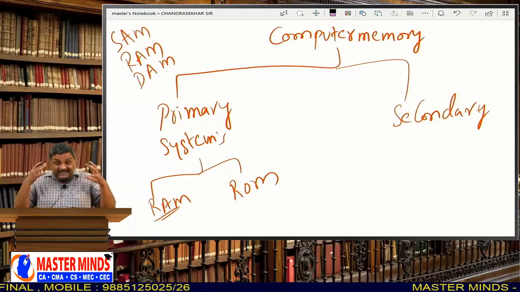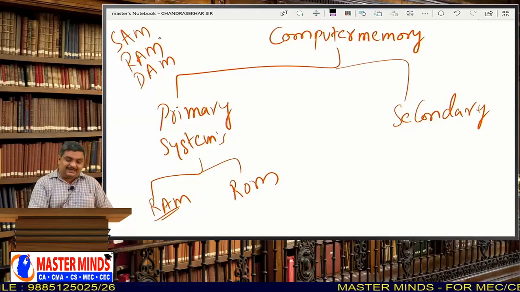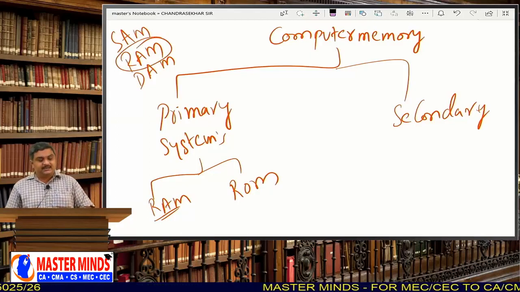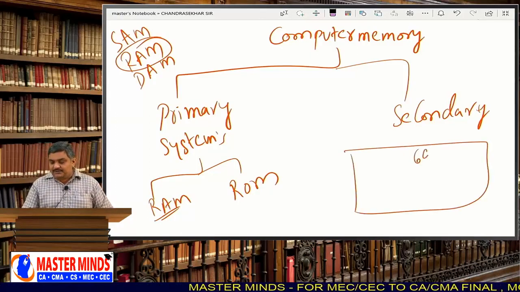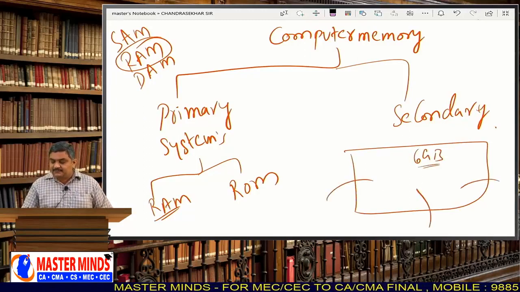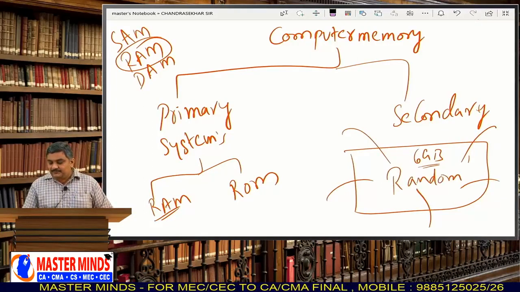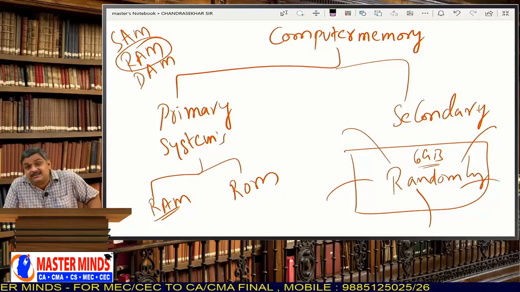But as primary memory inside our computer, we use the second type, RAM, random access memory. For example, there is 6 GB RAM in your computer. This 6 GB RAM can be accessed in any fashion you want, that is, randomly. So it is called random access memory.